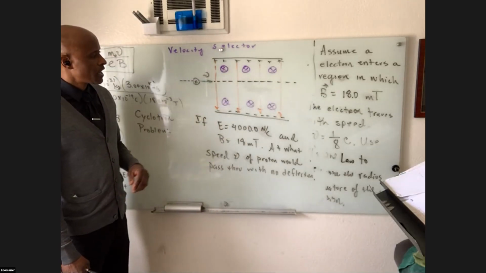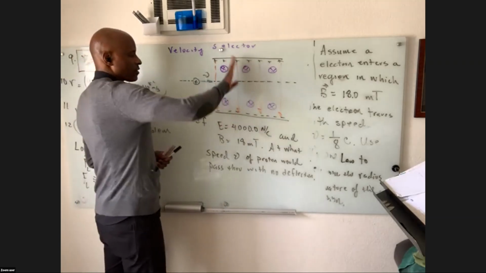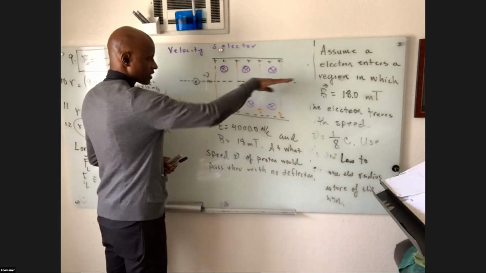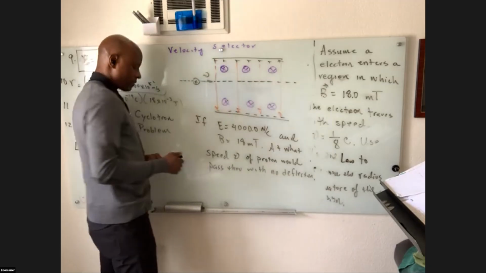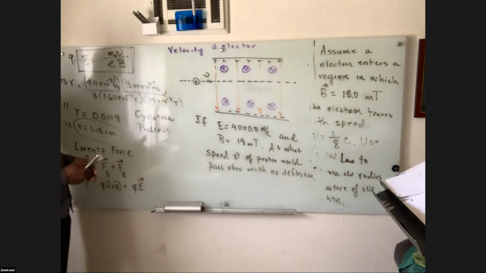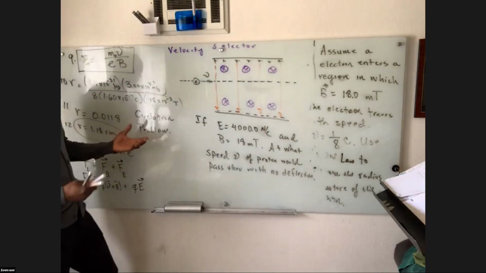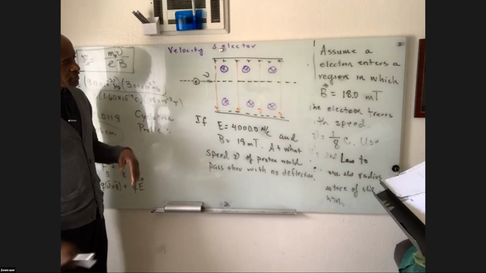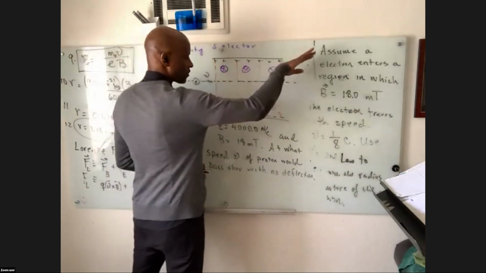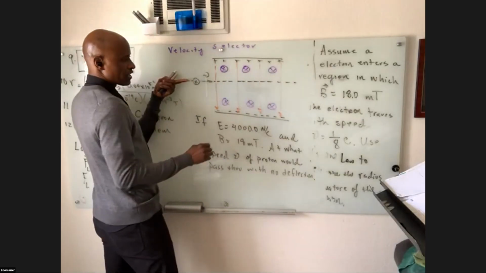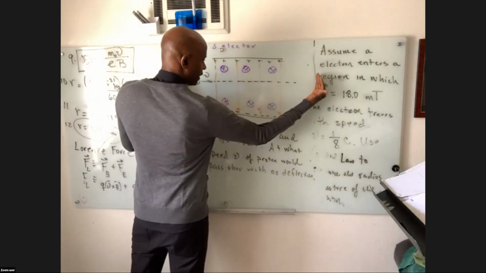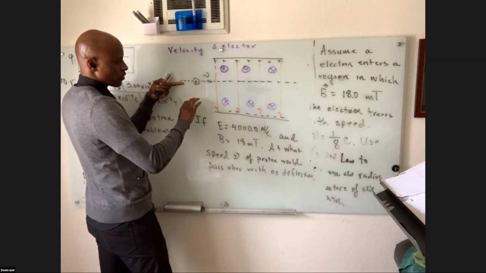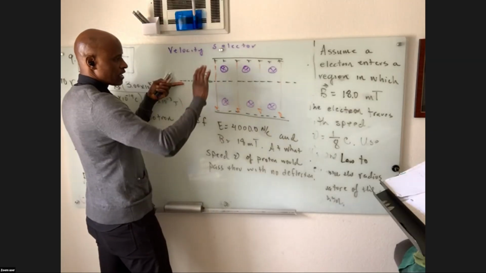Many of them are deflected on parabolic paths and hit plates, but some get all the way through without being deflected. So based on the setting of E and B, only certain particles get straight through. You know where you sent the beam in, and you can check the vertical position relative to the device.